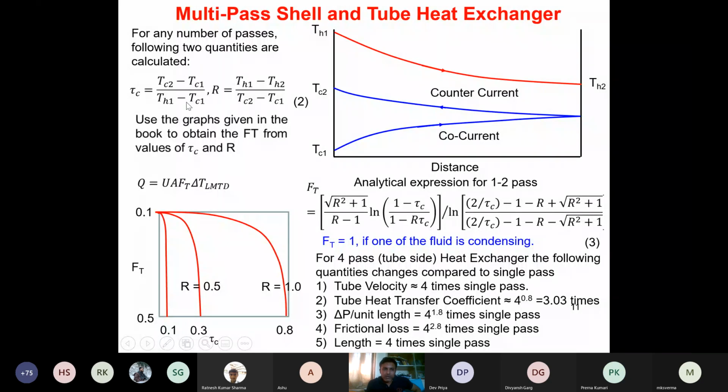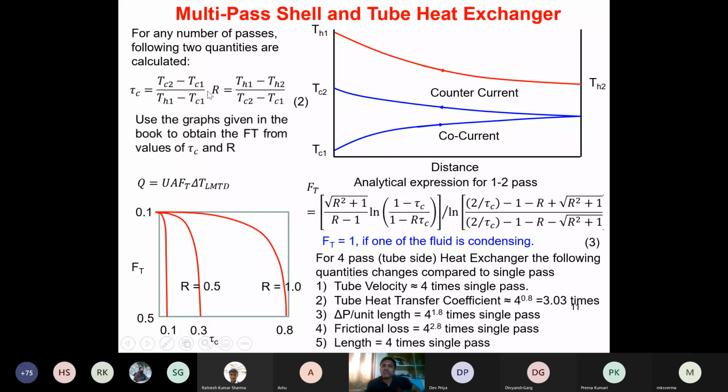So that is why it is TH1 minus TC1. And there is another factor which is nothing but R, or sometimes we call it an efficiency. So that is TH1 minus TH2, that is nothing but how much the hot fluid temperature is decreased divided by how much increase in the temperature of the cold fluid.